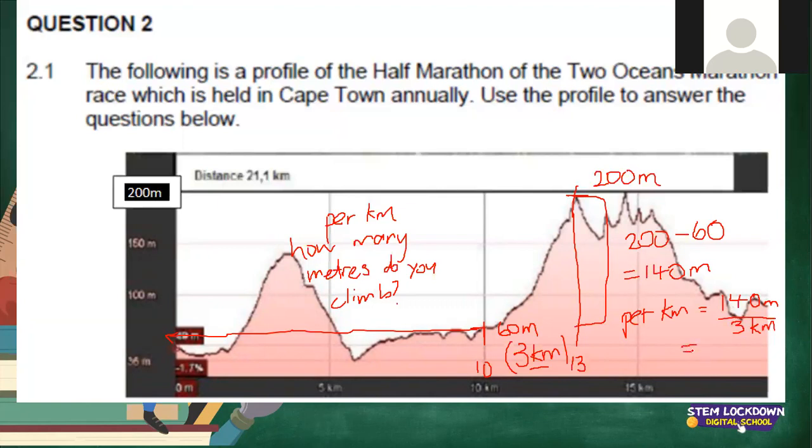So roughly per kilometer, your answer should have been 140 divided by 3. You climbed about 46.66 meters every kilometer.